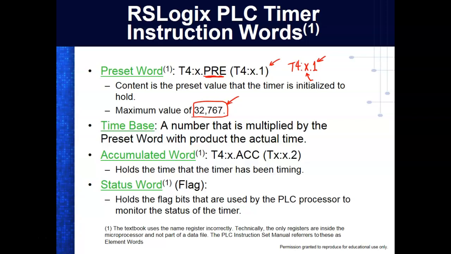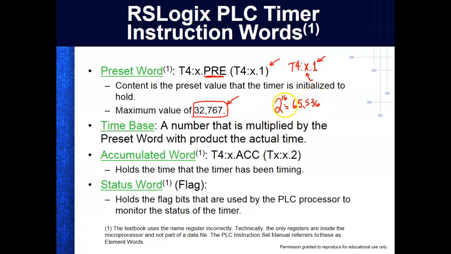So normally with a word, how do you calculate the number of combinations? Take the base and raise it to the number of bits, right? So if it's a word, it's 16 bits, so that would give us 65,536.